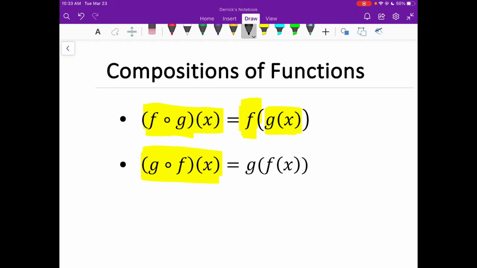The idea is the same as when you've been given just a basic function of f of x equals x plus 3. And then you were probably asked at some point to do something like f of 2.